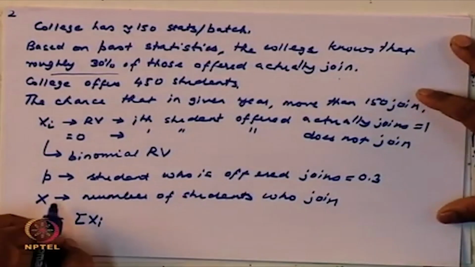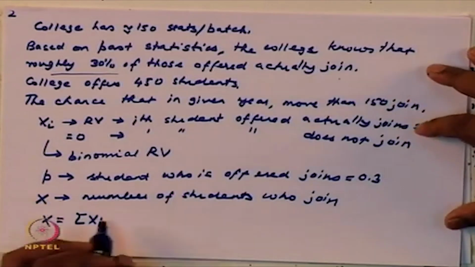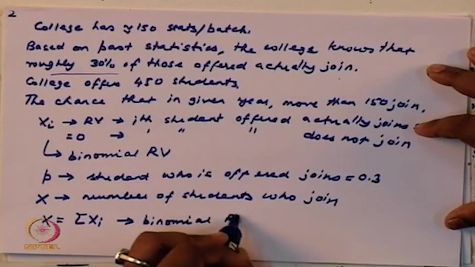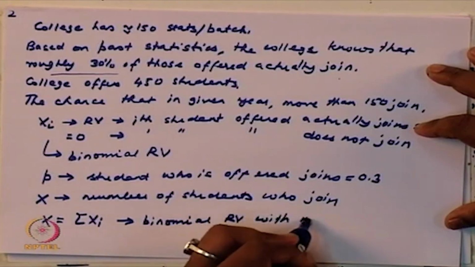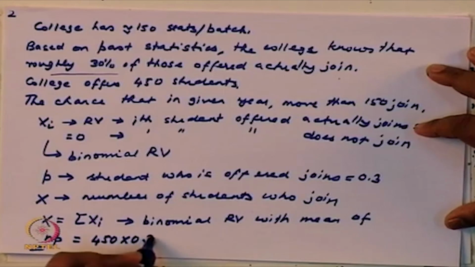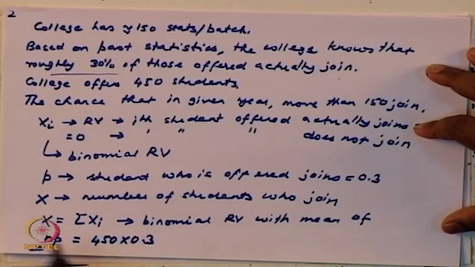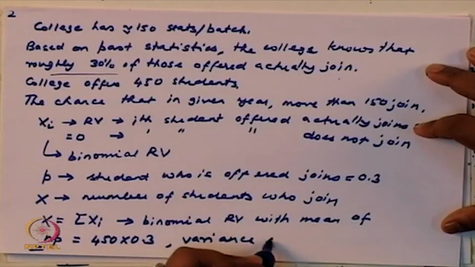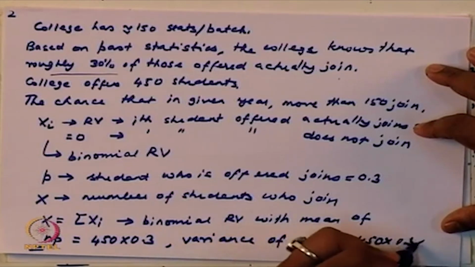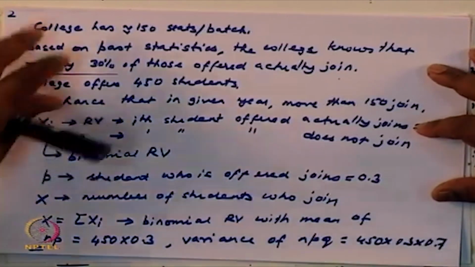Since each of the xi's is a binomial random variable, x will also be a binomial random variable with mean n times p, where n is the total number of students offered, which is 450, into 0.3, which is p, and variance npq, 450 into 0.3 into 0.7.